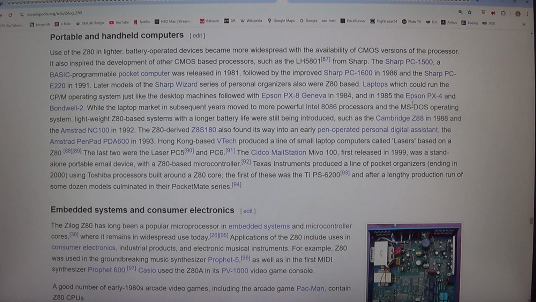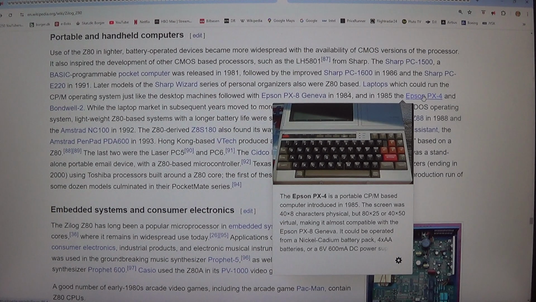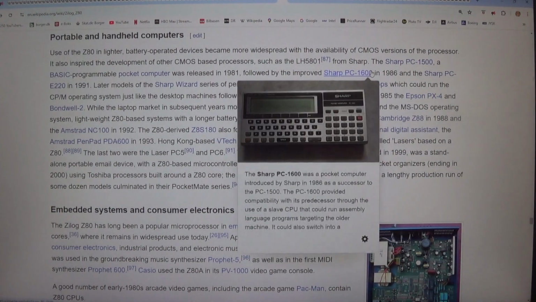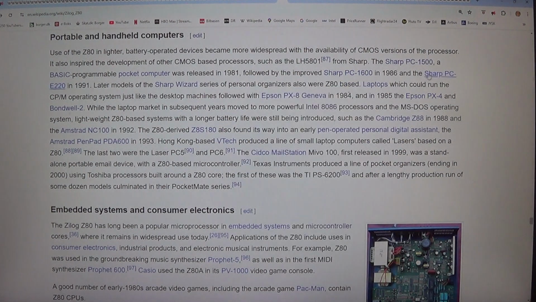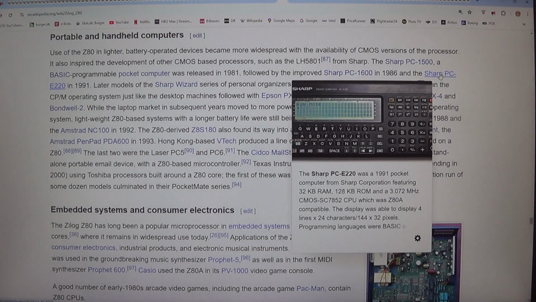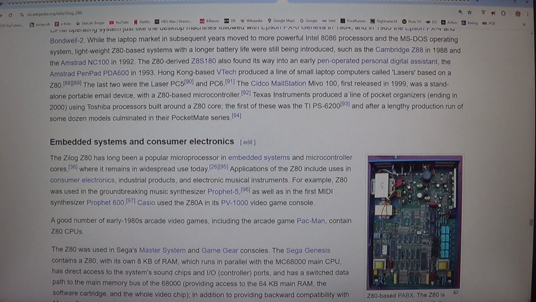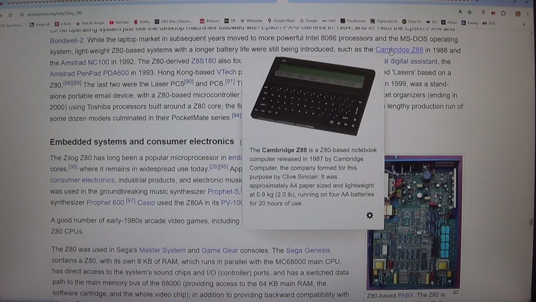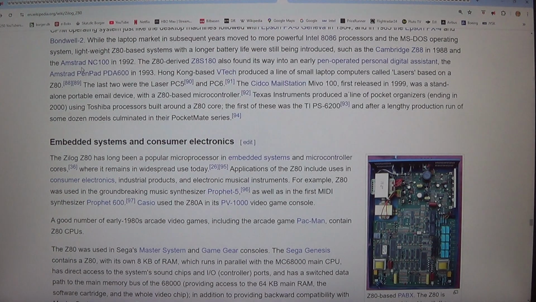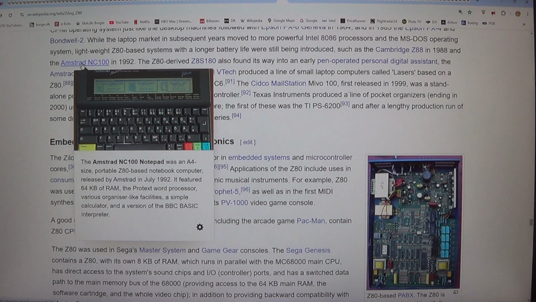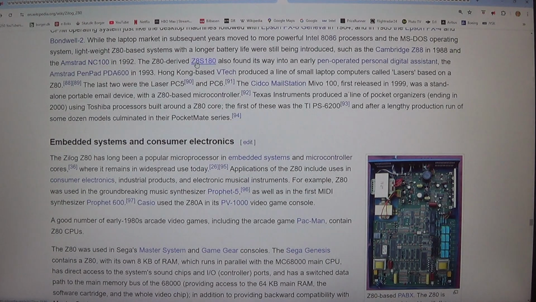While the laptop market in subsequent years moved to more powerful Intel 8086 processors and the MS-DOS operating system, lightweight Z80-based systems with a longer battery life were still being introduced, such as the Cambridge Z88 in 1988 and the Amstrad NC100 in 1992.